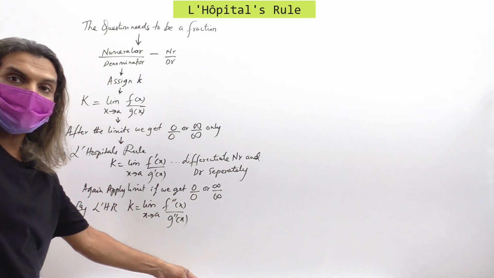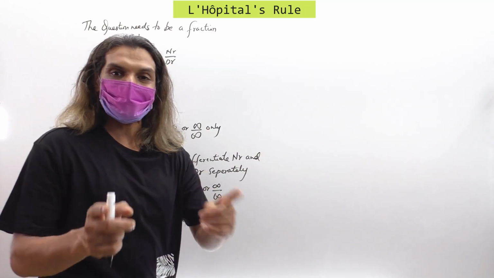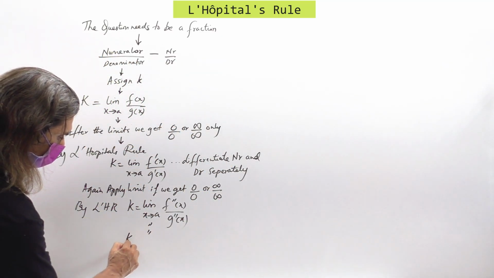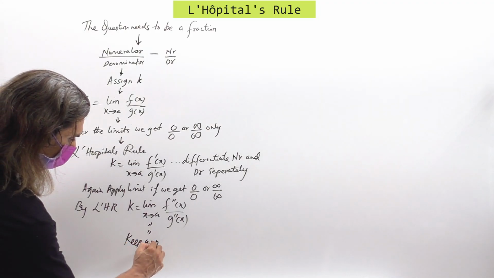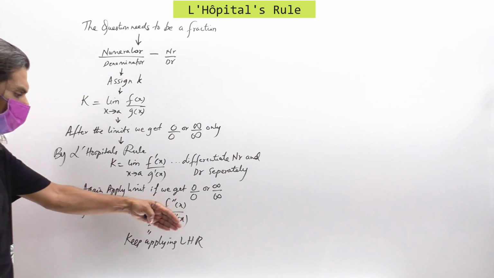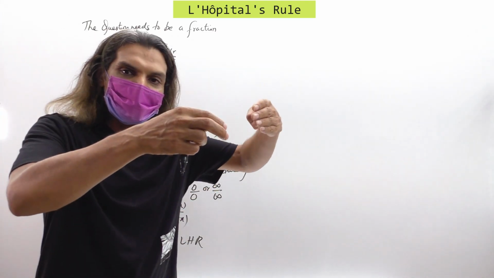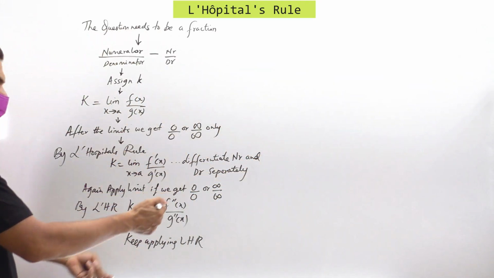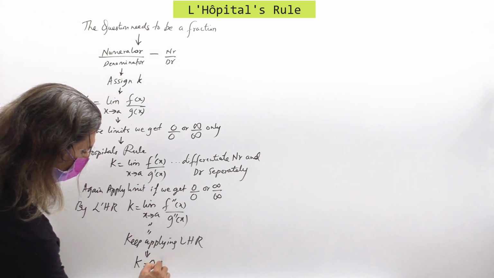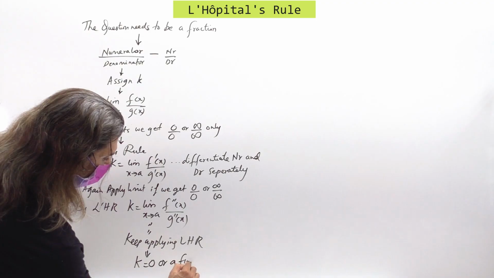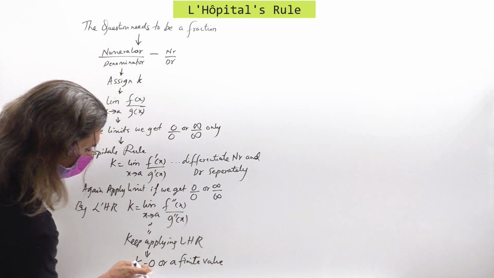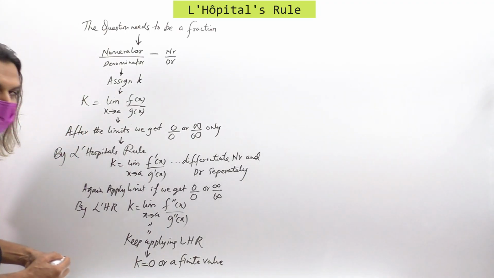Again differentiate the numerator and again differentiate the denominator separately. Now you need to keep on applying the L'Hopital rule. That is, again if you apply the limit and you get 0 by 0 or infinity by infinity, again apply. So you keep on applying it until k is equal to 0 or a finite value. This is the L'Hopital rule.